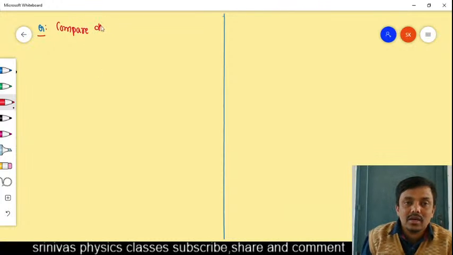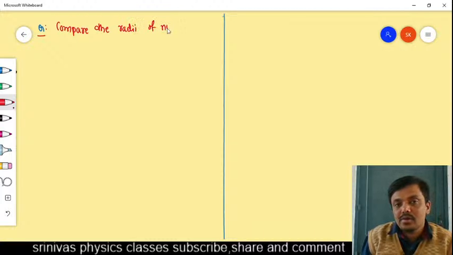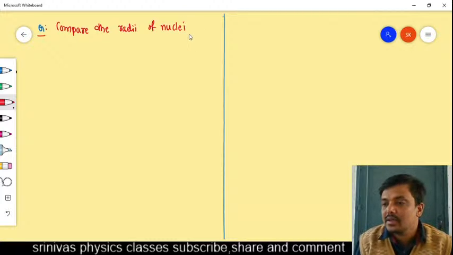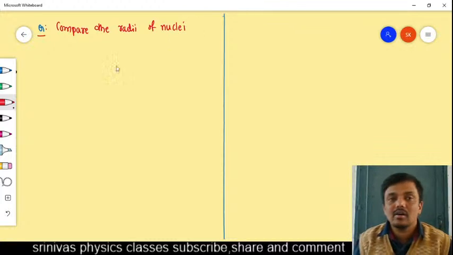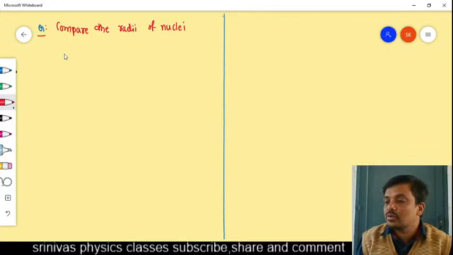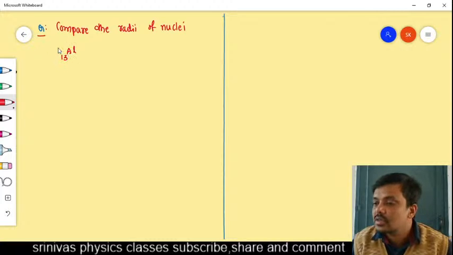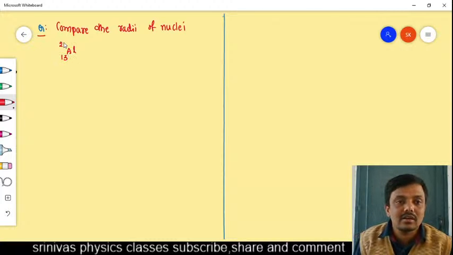Compare the radii of nuclei. They gave two nuclei. That is 13 aluminium, what is the mass number? 27.